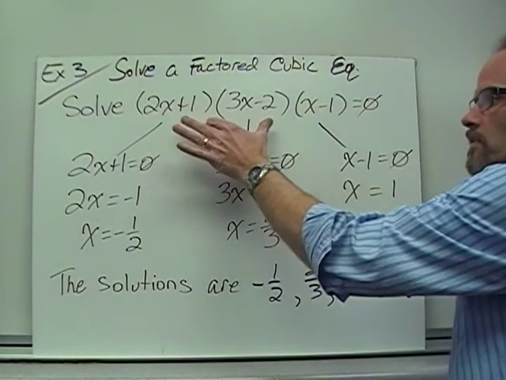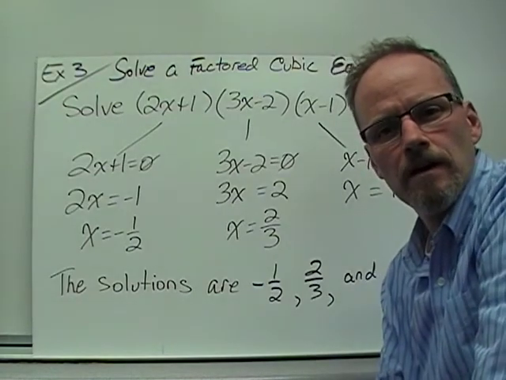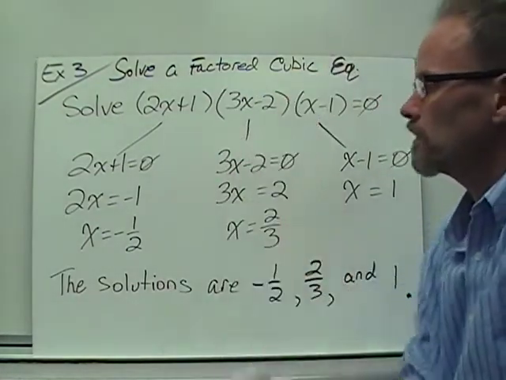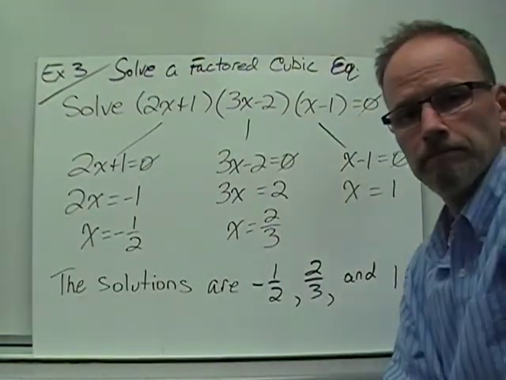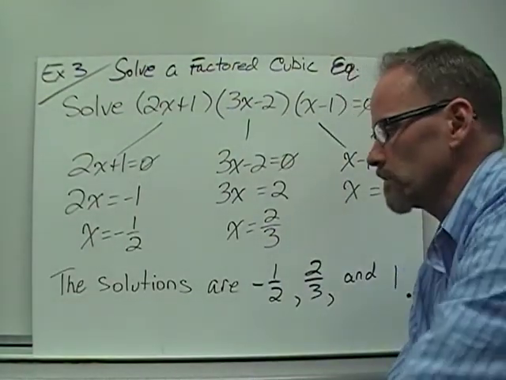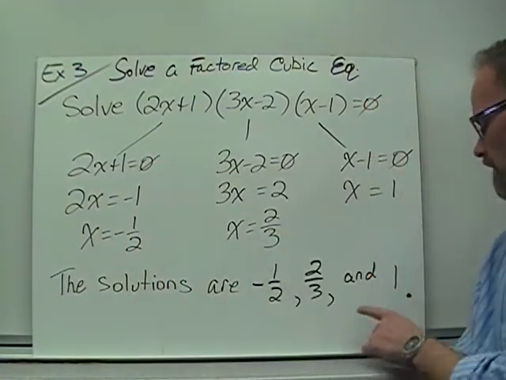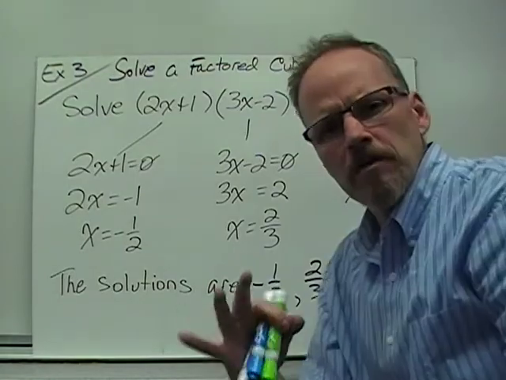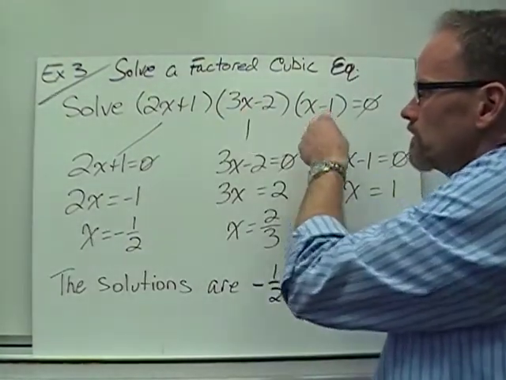So if I asked you to solve a factored cubic equation, set all of these equal to 0 and tell me what the solutions are. The solutions are -1/2 from here, 2/3, and 1. That means I can plug any one of those into x.